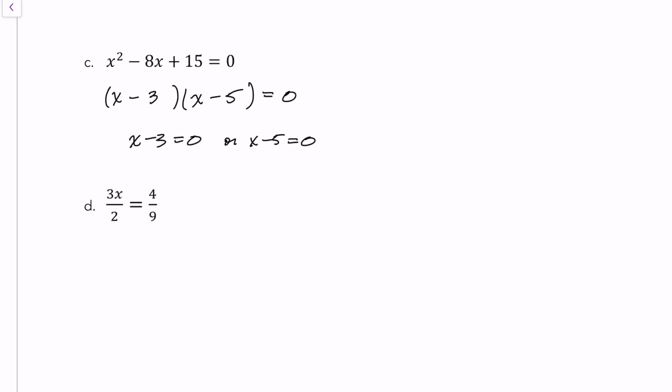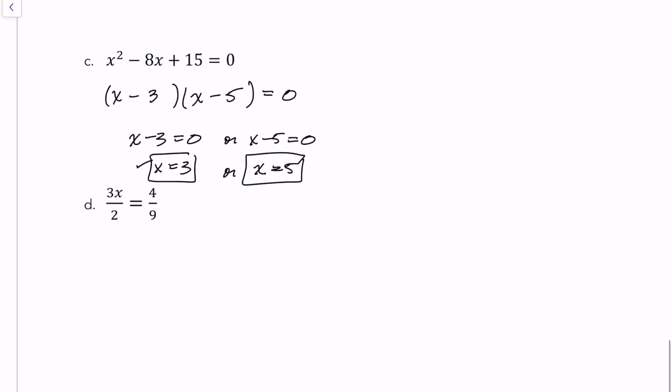If the first one is equal to 0, that means that x has to be equal to 3. If the second one is equal to 0, that means that x has to be equal to 5. So there are two different values for which this expression can be satisfied. If x is equal to 3 and you plug it into the left-hand side, you're going to get 0. Similarly, if you plug in 5 into this expression, you're going to get 0 as well.